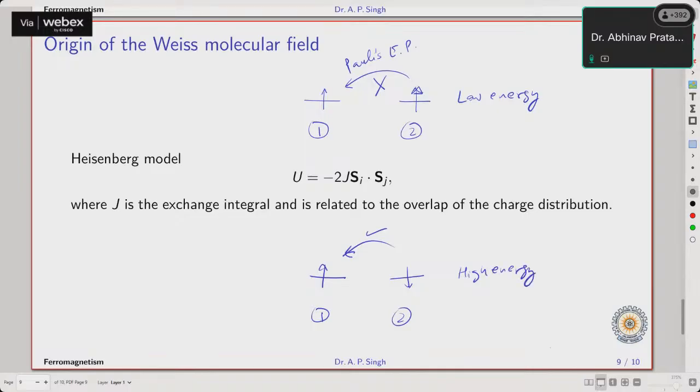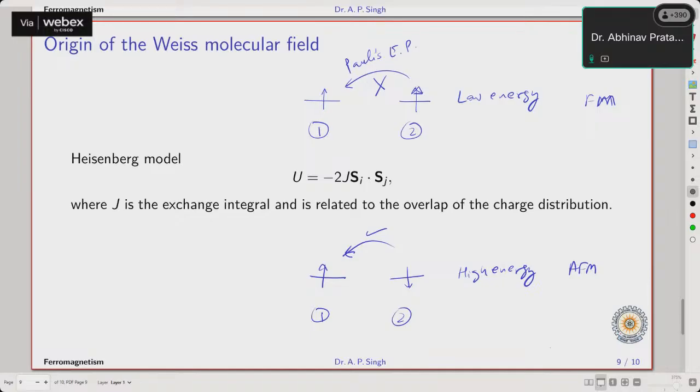So out of those two, which one will be preferred? Case number 1, let me call this the FM case, and the other the AFM case. FM means ferromagnetic, AFM means antiferromagnetic.